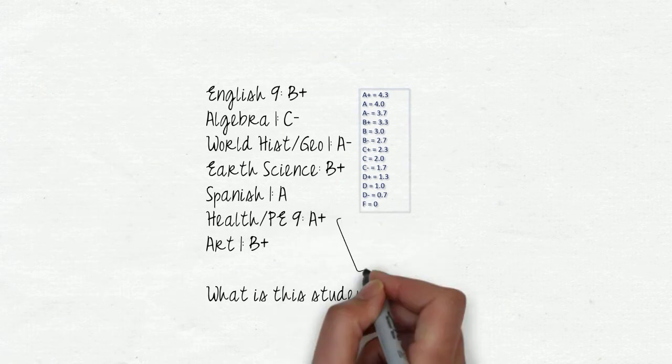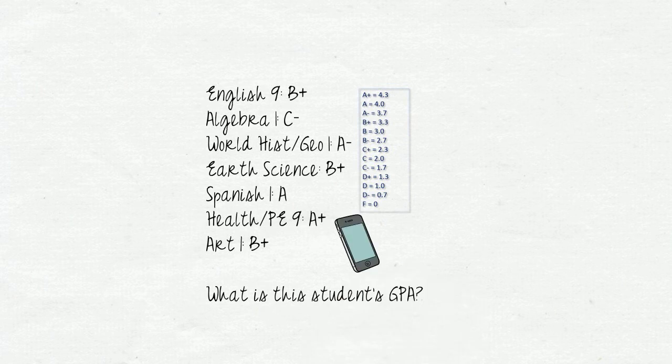Pull out your calculator or phone and start number crunching. Assign a letter grade to the appropriate number equivalent. Add those numbers together. Divide by 7, the total number of classes Lucy is taking.